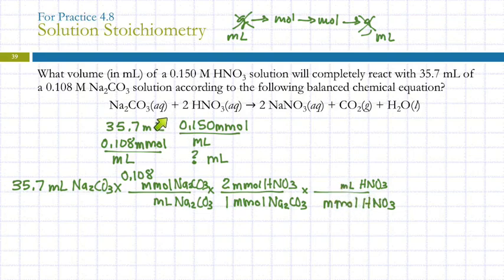So then over here, I want 0.150 in the bottom. Well, what am I doing? I don't know what I'm doing. I'll put a little caret here, because I didn't leave space. 0.150 millimoles of that. So now milliliters cancel milliliters, millimoles cancel millimoles, millimoles cancel millimoles, and I'm left with milliliters.